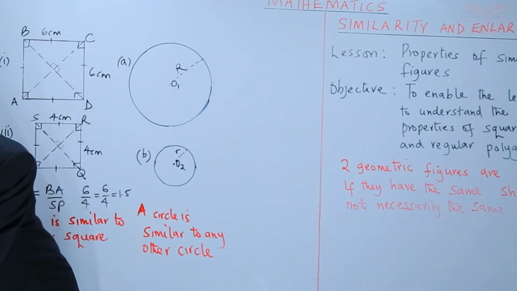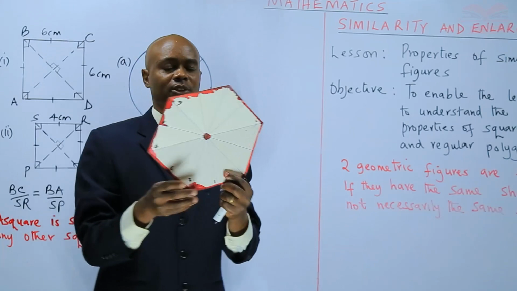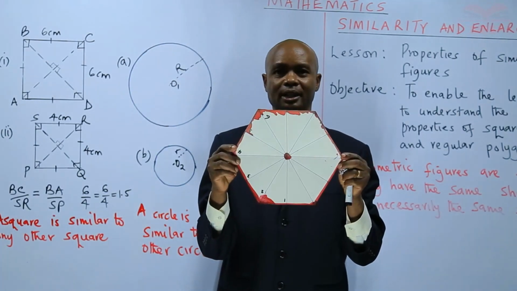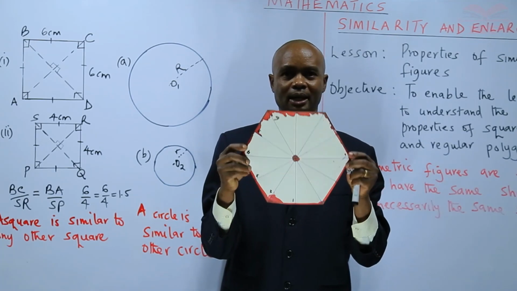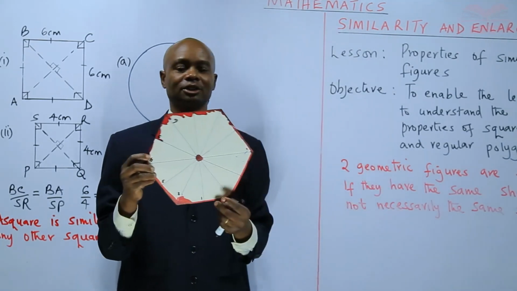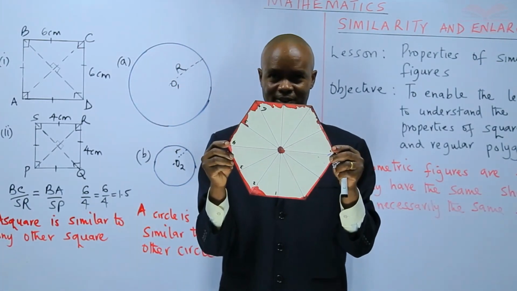Luckily enough, I have some of the polygons here. So this regular polygon is called a hexagon. And I said, what gives a geometrical figure its identity is its shape. Its shape is given by the angles.